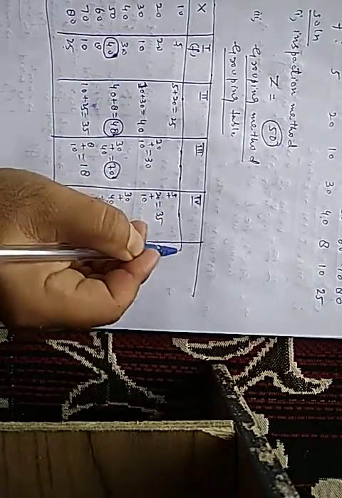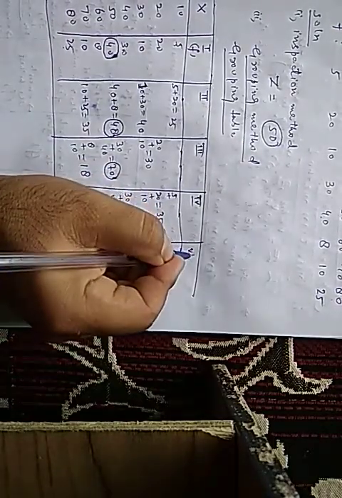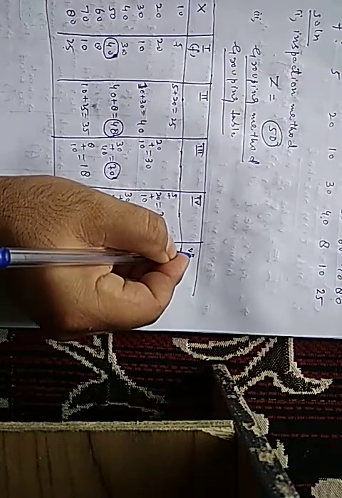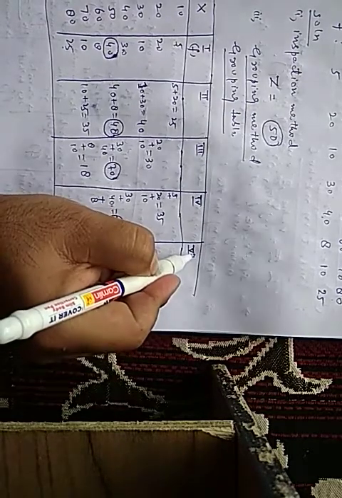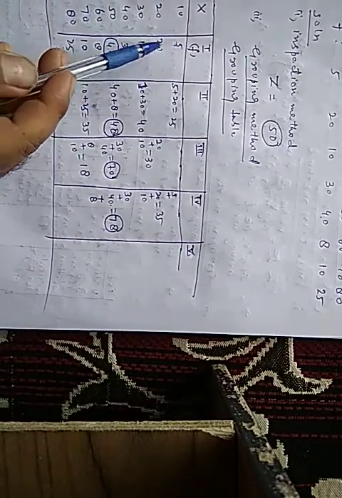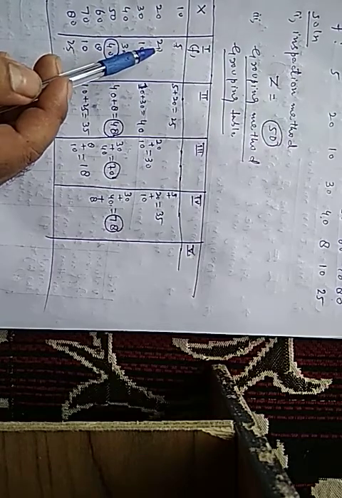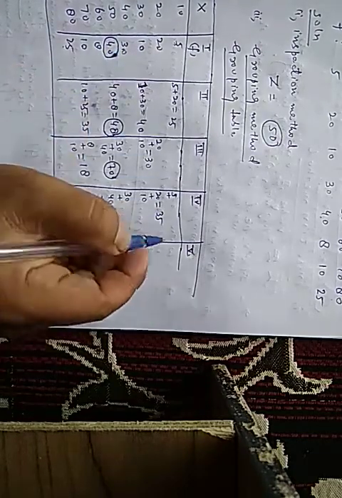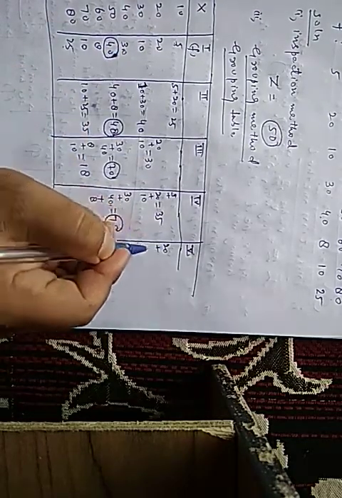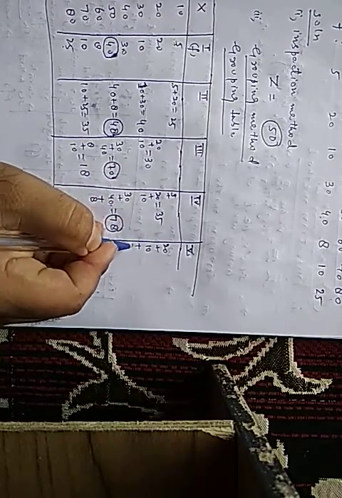In the fifth column, we have to add the frequencies in threes, leaving the first frequency. We have to leave the first frequency, and after that add the frequencies three at a time.